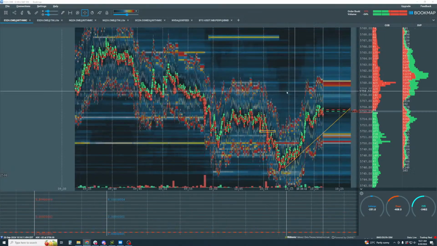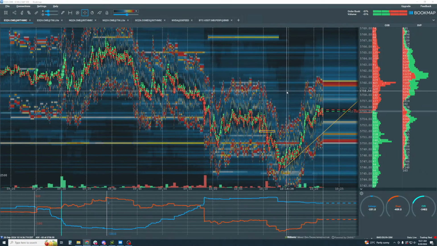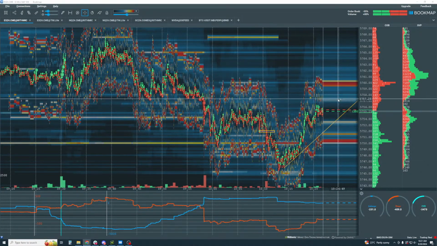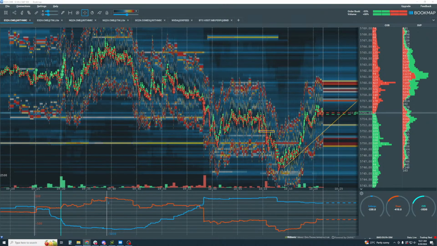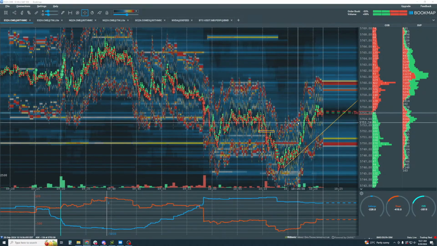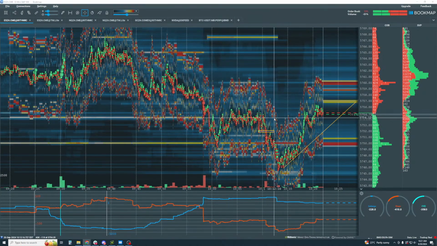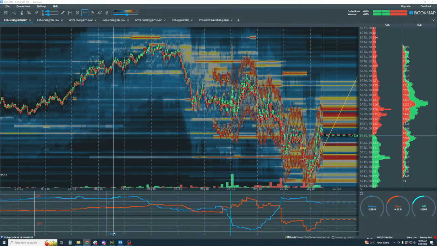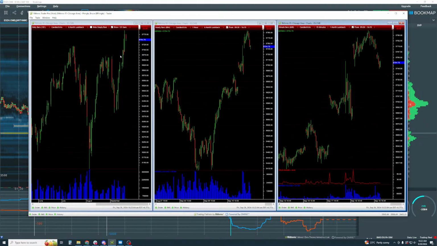Let's jump back. We haven't looked at our bigger picture structure, and then we'll fit what we're reading now into that as well. Okay, excellent. Thanks, Dan. All right, so let's take a look here. We're going to take a pause, look at the bigger picture, and look at the daily on the candlestick chart, the hourly in the middle, and then on the right-hand side the 15-minute, and what's going on in here.